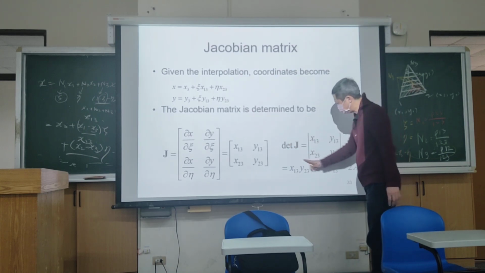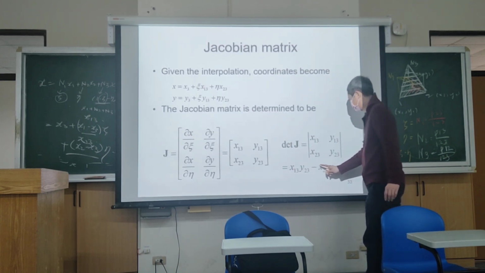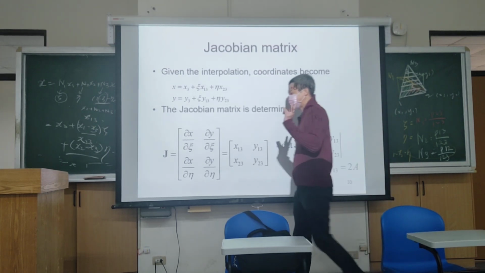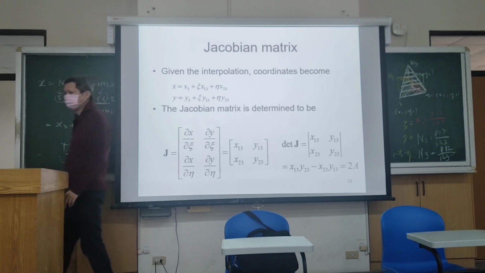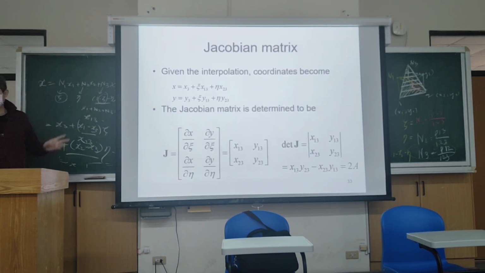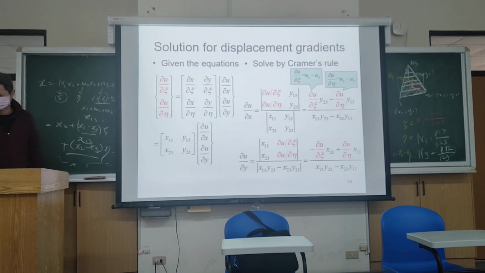So by taking the determinant of this, you have x13 y23 minus x23 y13. This is 2 times your area. Okay? You see that? Your Jacobian is 2 times the area of the triangle. Okay?